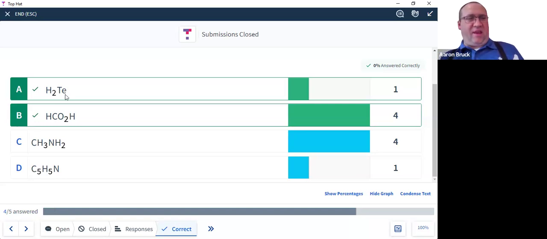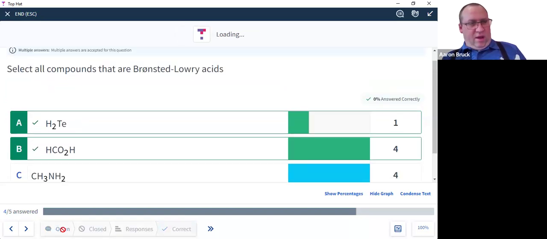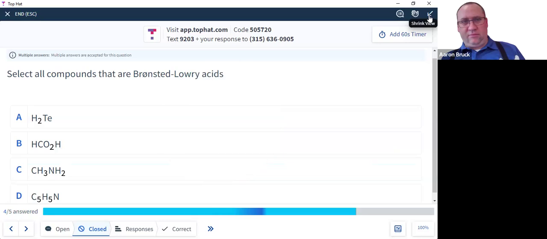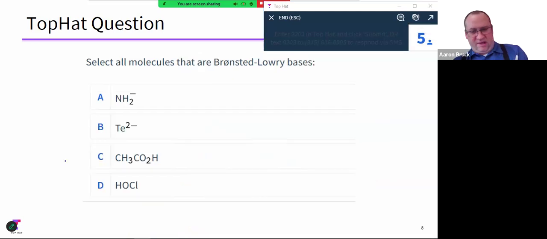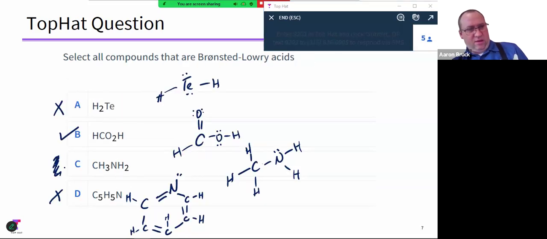I'm surprised by the answer of tellurium. I really am. I'd like to see what logic they applied for that one. So this ended up being incorrect.